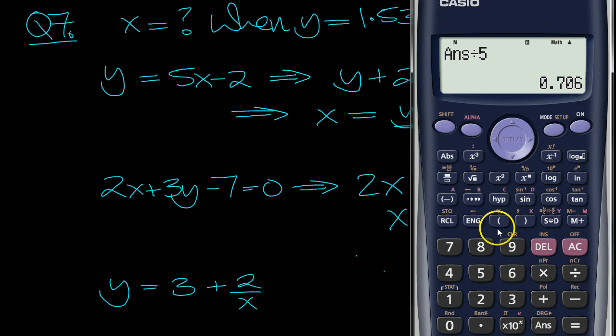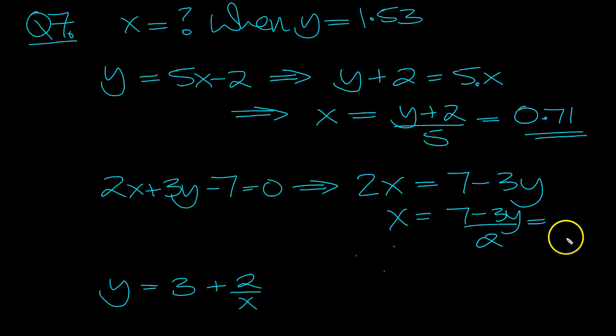So I'm going to use a bracket this time. 7 minus 3 times y, 1.53, close bracket, divided by 2. 1.205. 1.21 then, isn't it?